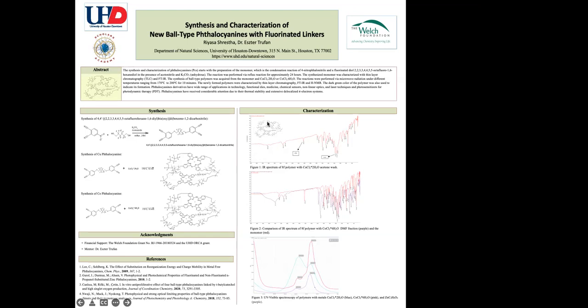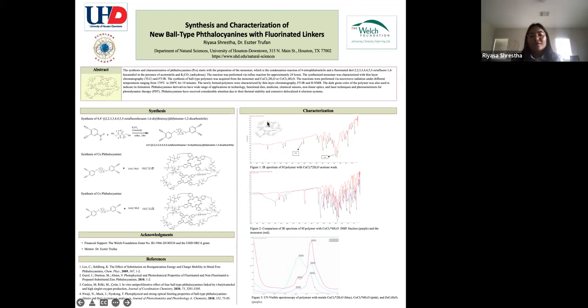So the most interesting thing I came across was, I guess this is my first time using an IR because I was not able to use the IR machine for organic chemistry one. So using the IR and checking if the monomer has been consumed or not, and just repeating the TLC and separation process, that was the most interesting thing. And also another interesting thing that I came across was the sample with copper chloride.